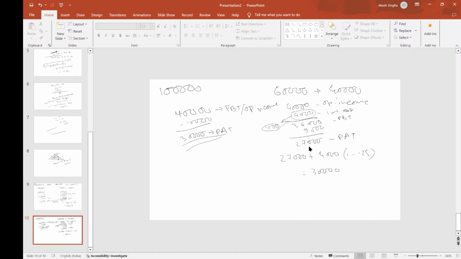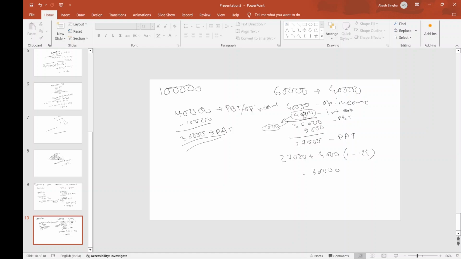So we have PAT, and now we have to add back the effective cost of debt. Because we took debt of 40,000, how much did it cost us? Because of that interest expense, we have given 4,000, right? So you can say that 4,000 is our cost, but that's not it.